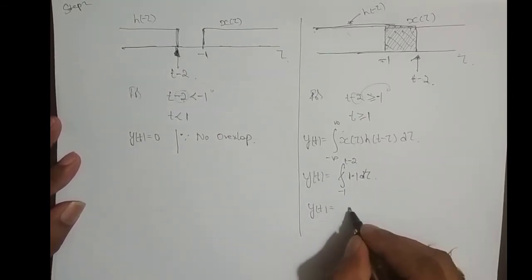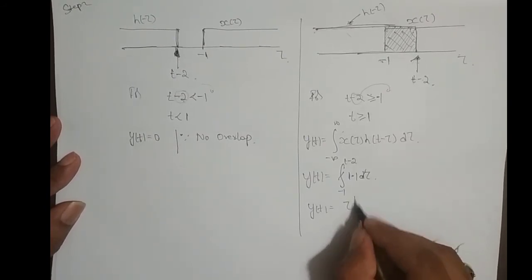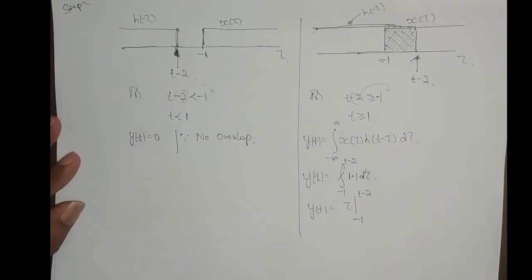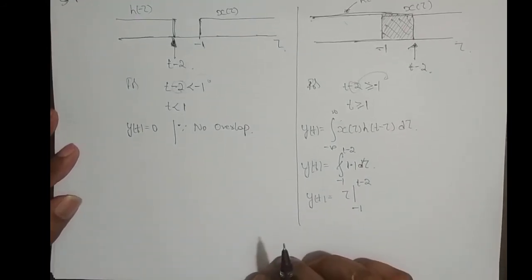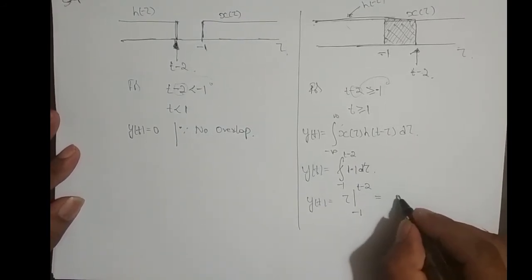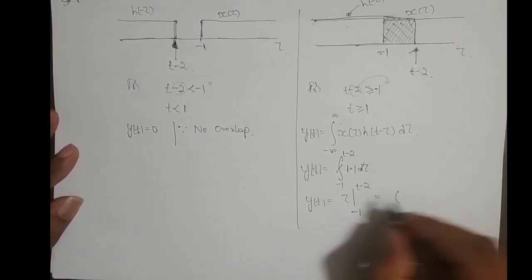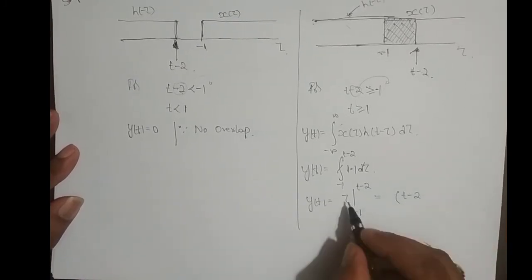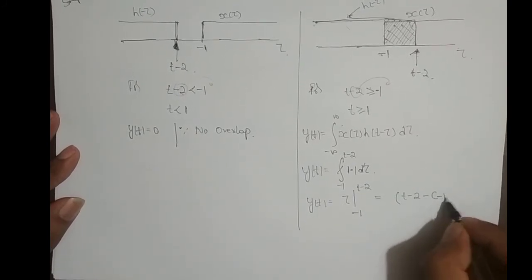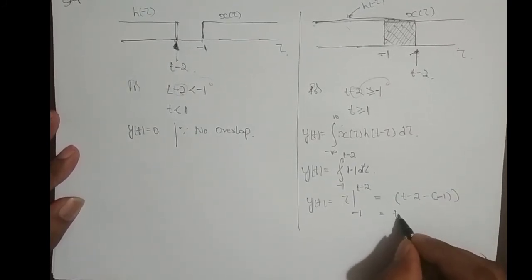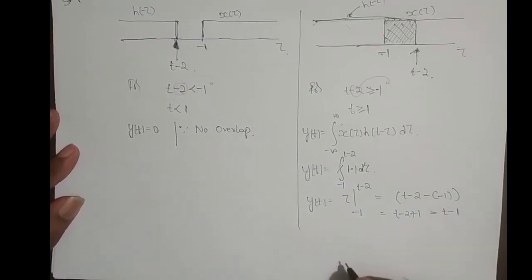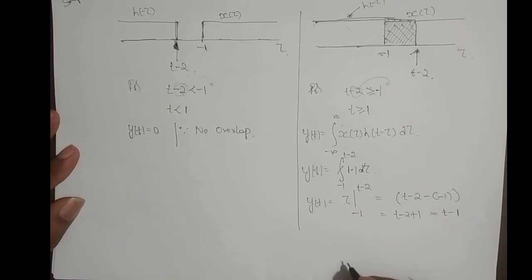So y of t is equal to tau with the integration limits minus 1 to t minus 2. Applying upper limit minus lower limit: t minus 2 minus of minus 1, which is t minus 2 plus 1, equal to t minus 1.